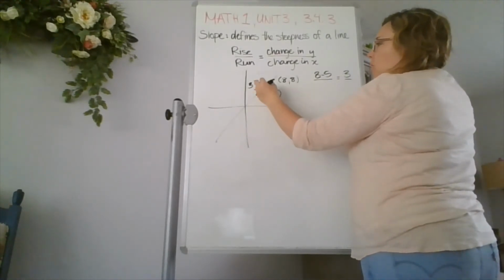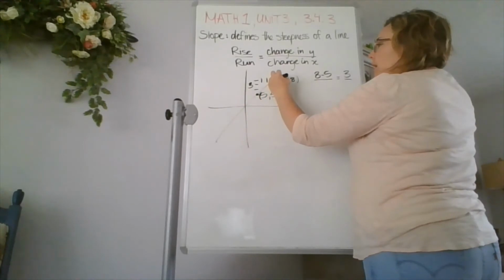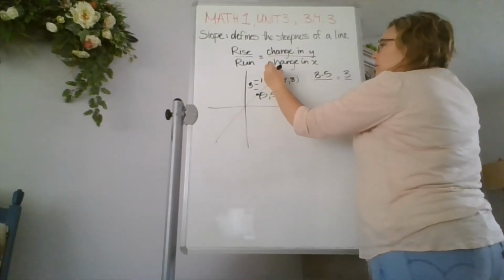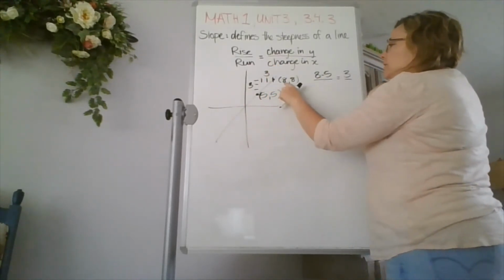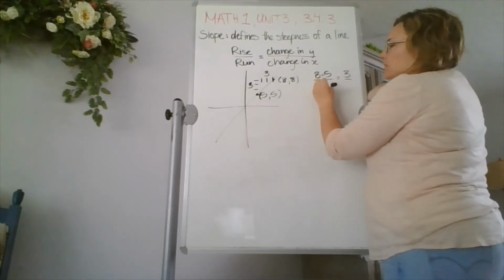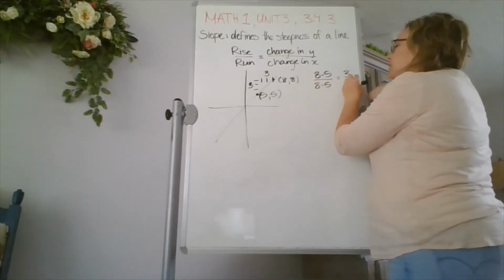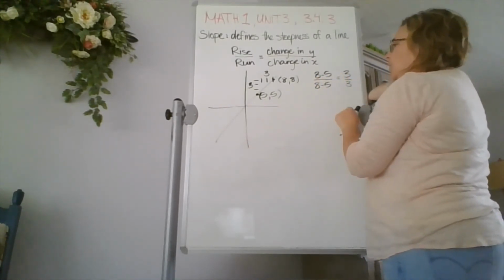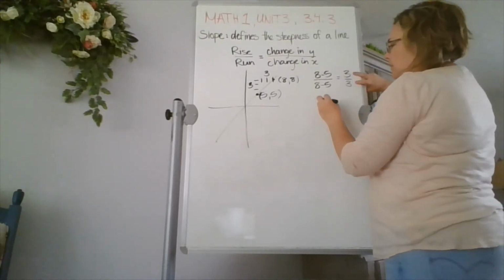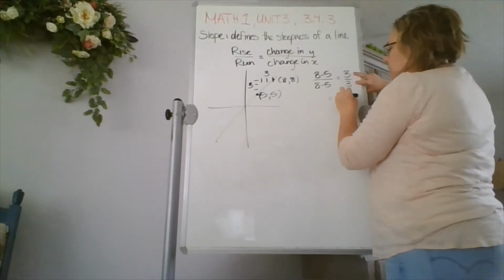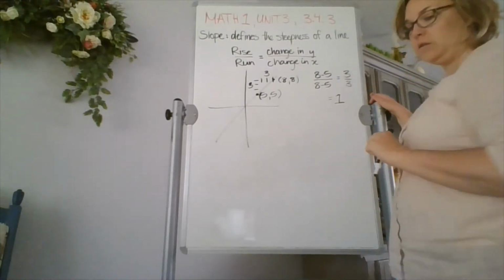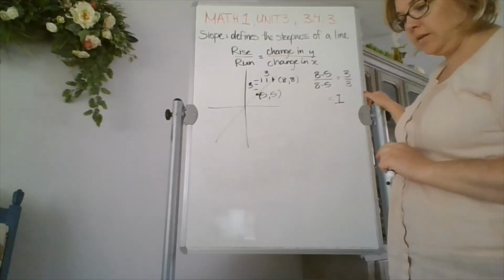So we could count over, 6, 7, 8, which is 3. Or we could have said 8 minus 5, which is 3. So our slope is 3 over 3, which equals 1. The slope in this example is 1.